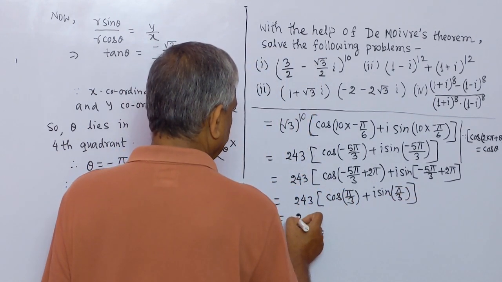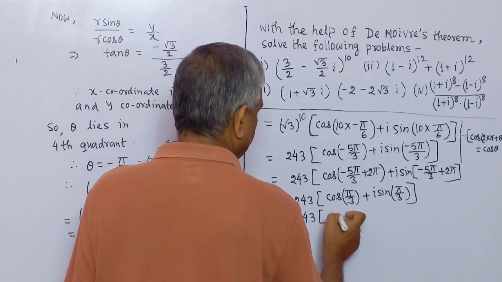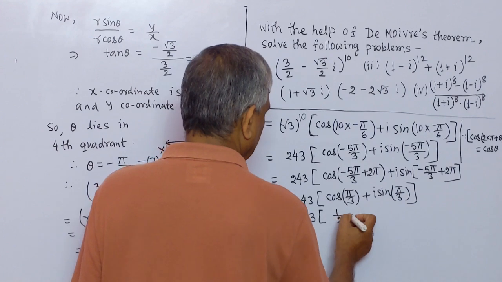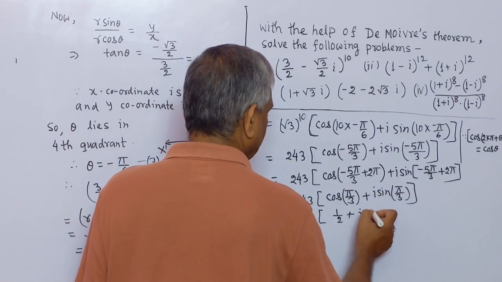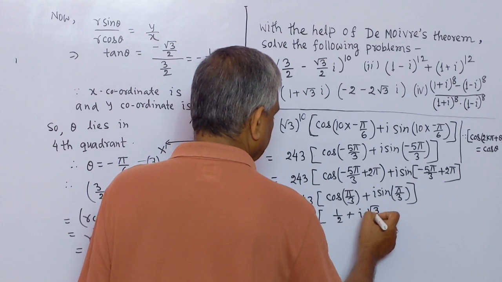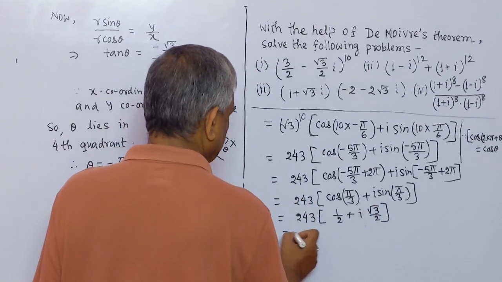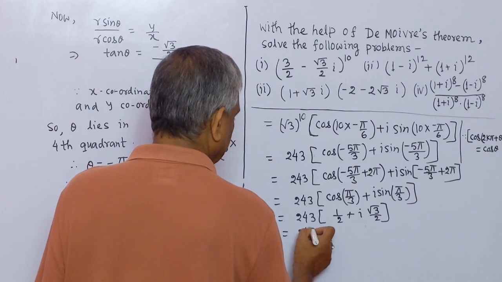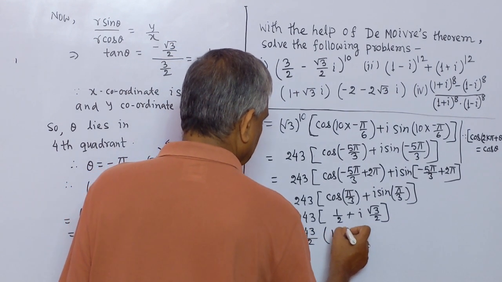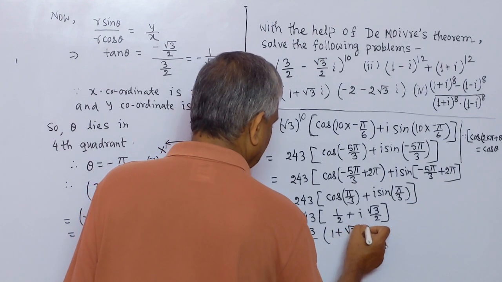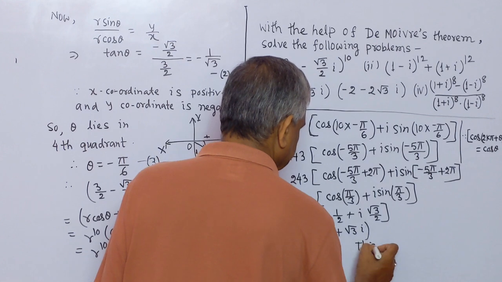This equals 243 times, cos pi by 3 means half, plus i sin pi by 3, which is square root 3 by 2. This is equal to 243 by 2 times 1 plus square root 3 i. This is the required solution.